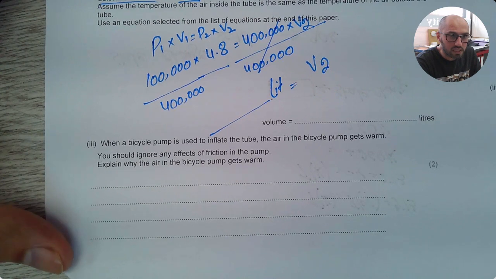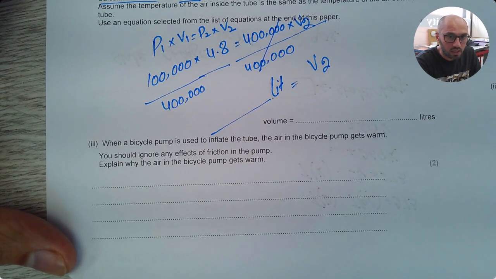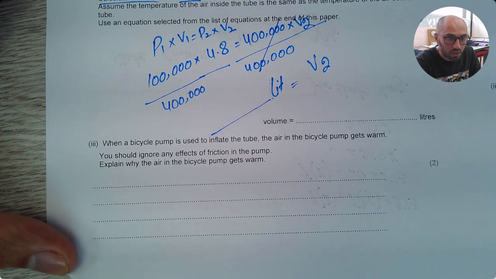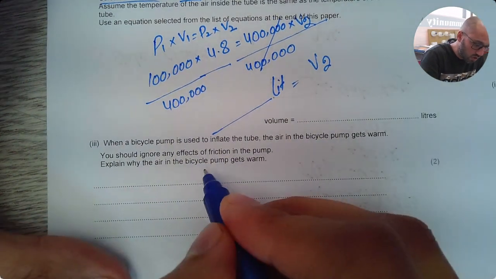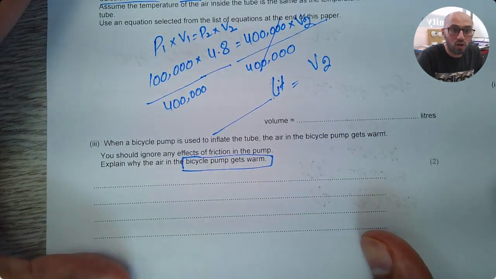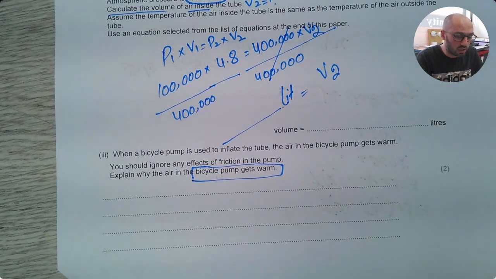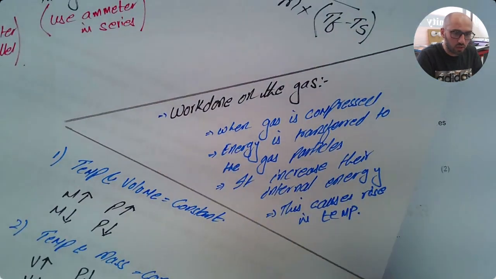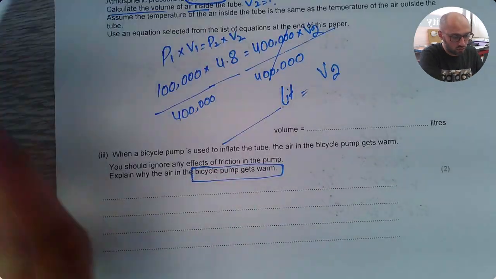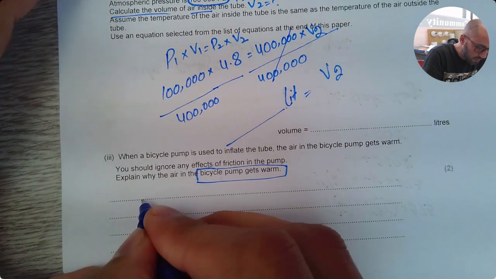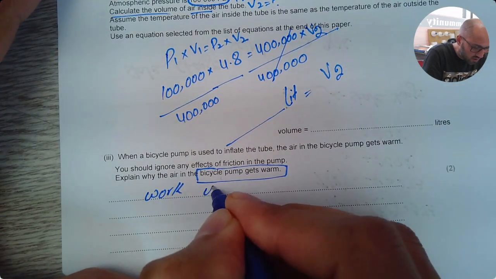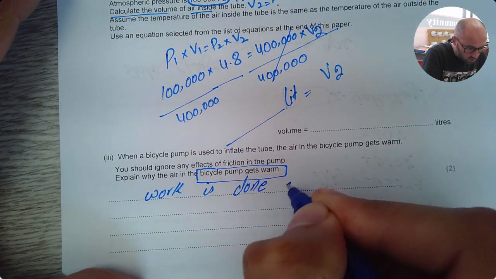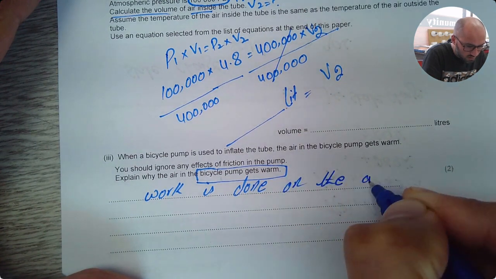Next part, when a bicycle pump is used to inflate the tube, the air in the bicycle pump gets warm. You should ignore any effects of friction in the pump. Explain why the air in the bicycle pump gets warm. So the temperature of the air has gone up. If you remember in my notes, I did show it to you, basically talking about this section here, work done on the gas. So all you have to say is work is done on the gas because it is being compressed.